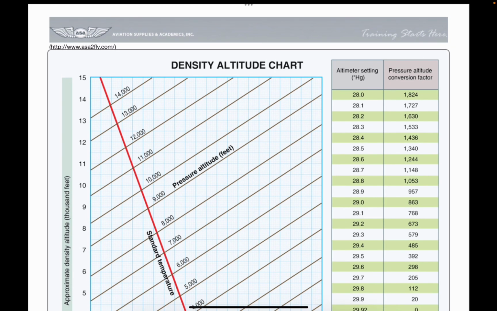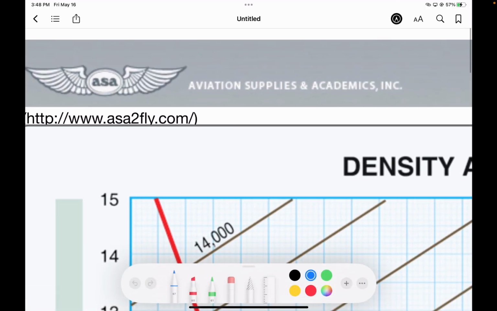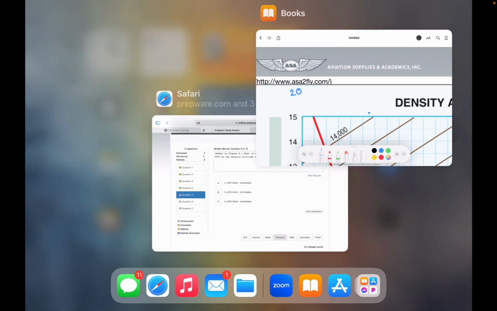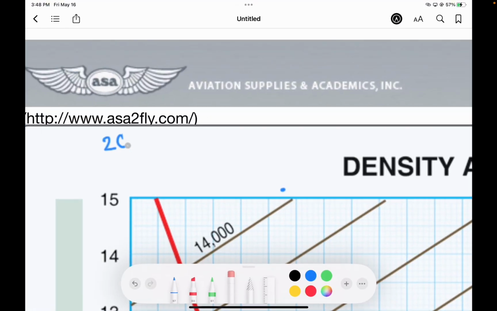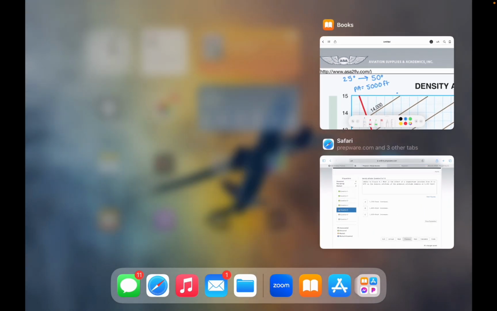I'm going to write that down in the corner here. So it said 25 degrees, and it changes to 50 degrees, and our pressure altitude equals 5,000 feet.